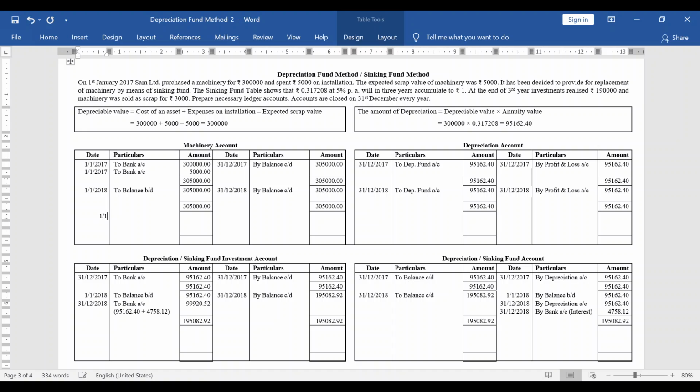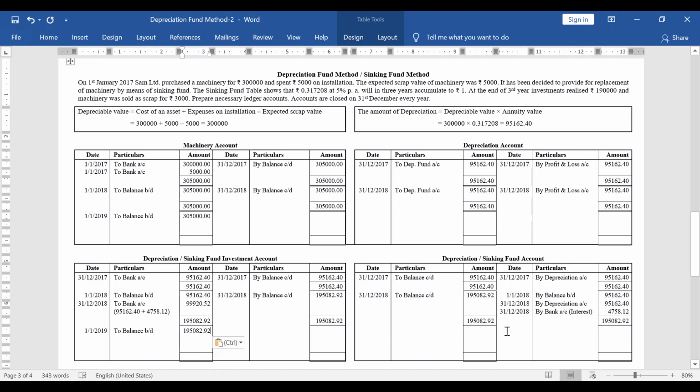Now when accounts are opened as on 1st of January 2019, machinery account shows a debit balance of 3,05,000. Depreciation fund investment account as on 1st January 2019 shows a debit balance of 1,95,082.92.